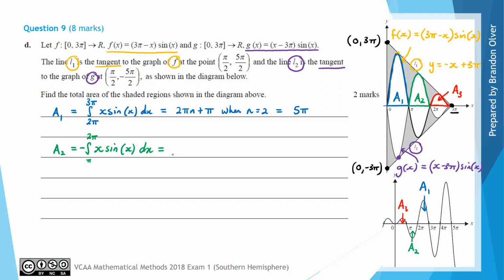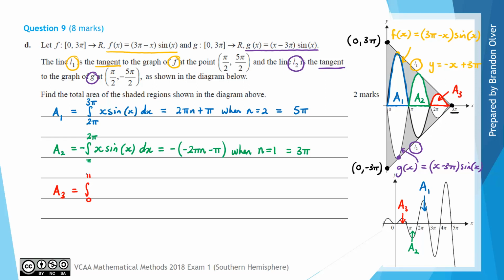So that is going to equal, and that's going to be negative due to the negative out the front, and now the n value we're going to select for this is odd. So we need to remember that that had an expression negative 2 pi n minus pi. And for this, we're going to select n equal to 1. So that, when we do that, is going to give minus 3 pi, with a negative out the front, is positive 3 pi.